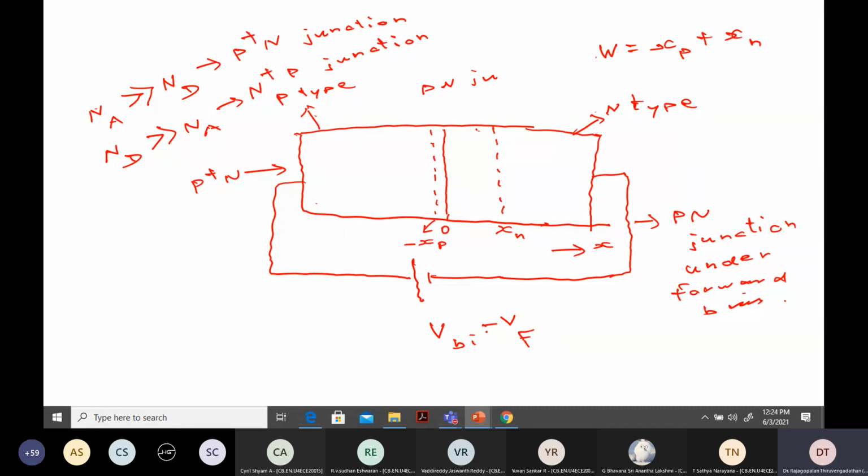Or when VBI equals VF, this is how the lowering of the potential begins. So don't think that it is negative. What you need to understand is what is going to happen with the PN junction. The PN junction will start to conduct the moment the forward bias voltage exceeds the built-in potential.